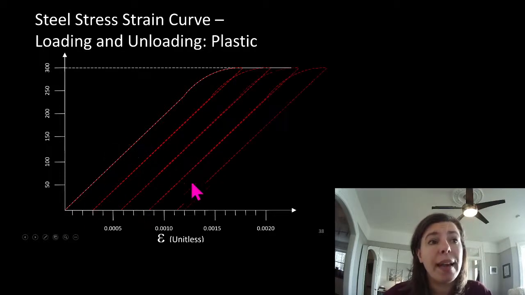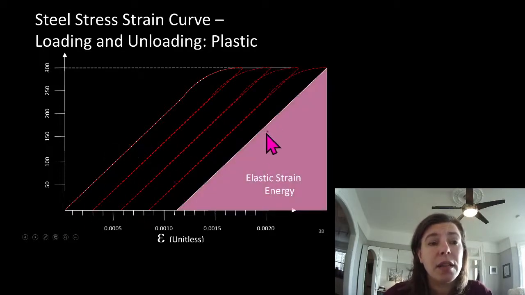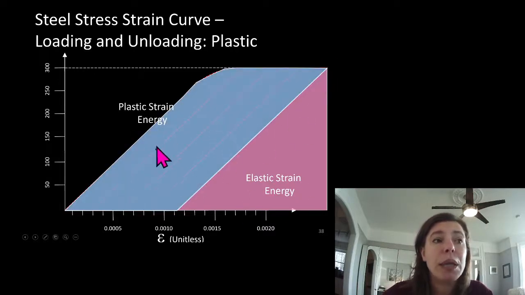We can load it again and again. If we've loaded it up to this point here, we have elastic strain energy here, and this zone becomes our plastic strain energy, or the amount of energy that was absorbed by the material and converted into some other form of energy.